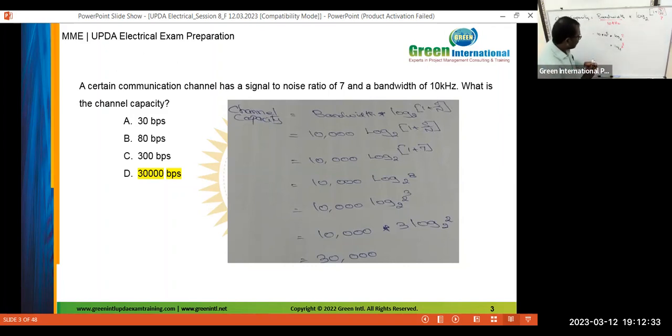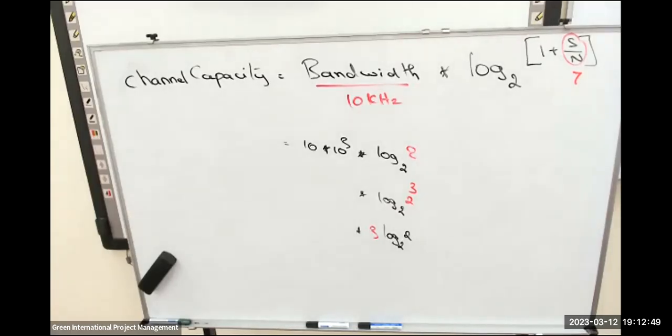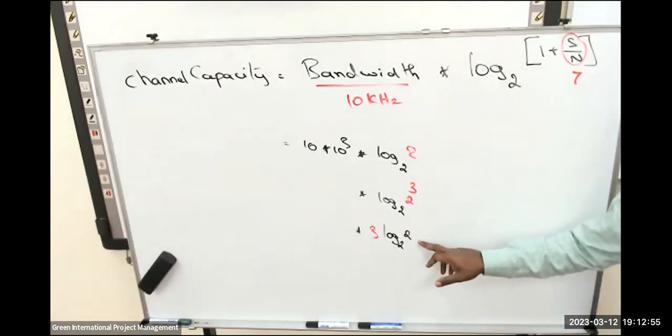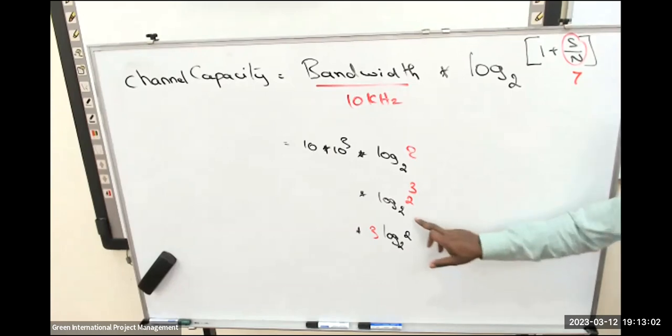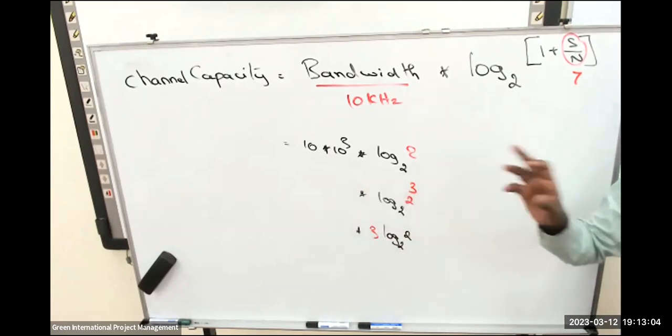And from mathematics we may write it out. Now log 2 base 2, because the two numbers are the same, means the answer is 1. Log 10 base 10, log e base e, log 2 base 2. So that's why the answer becomes 1. So we get 30,000.